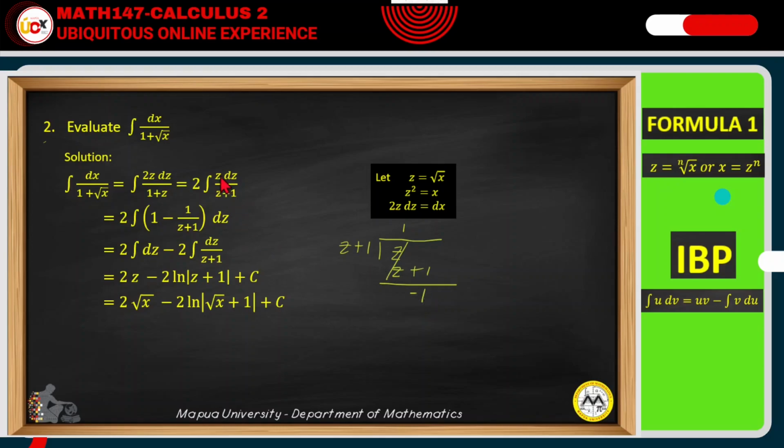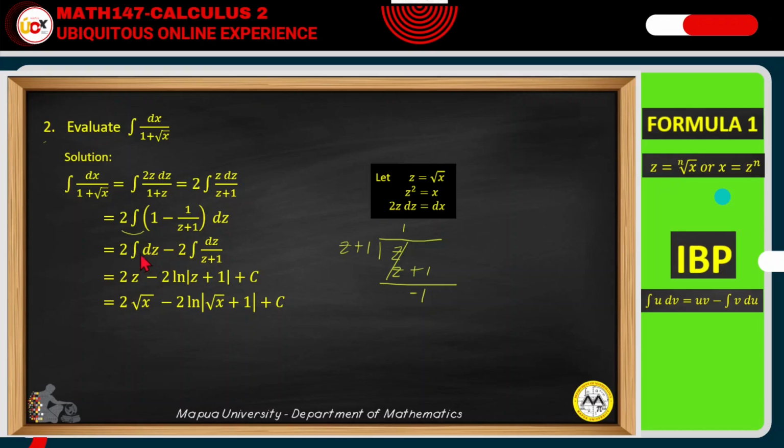So therefore, z over z plus 1 can now be written as 1 minus 1 over z plus 1 times dz. Then by distributive property, we distribute 2 to each of these terms. So you have 2 times the integral of dz minus 2 times the integral of dz over z plus 1.